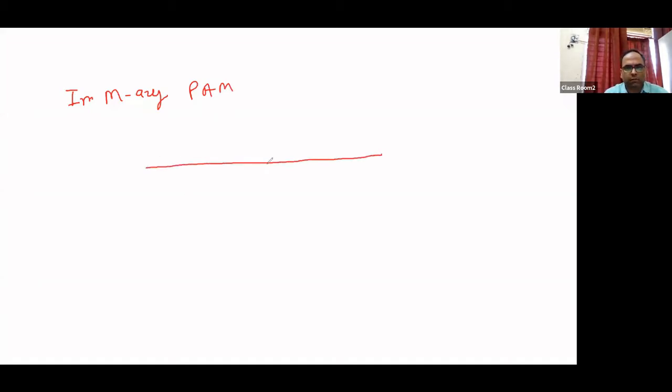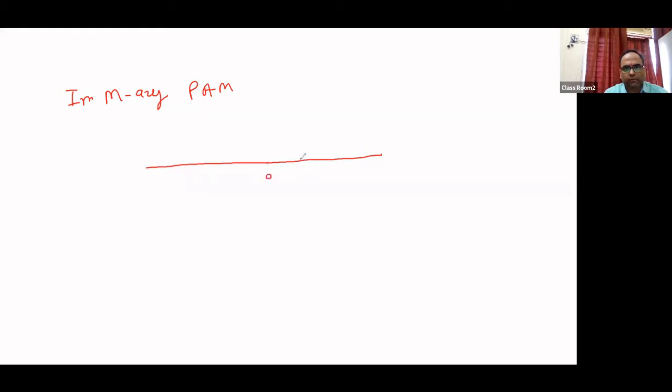So for example, if we are having any array, any constellation in M-ary PAM, the constellation can be like this.